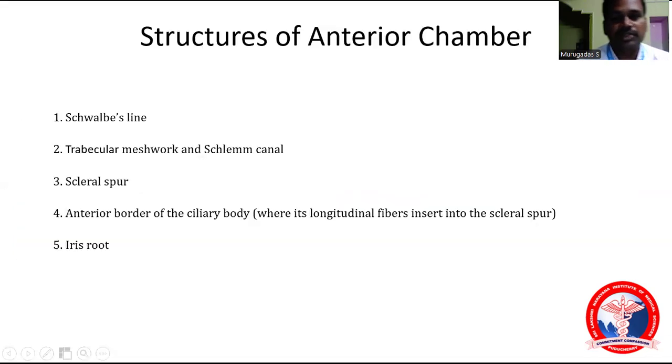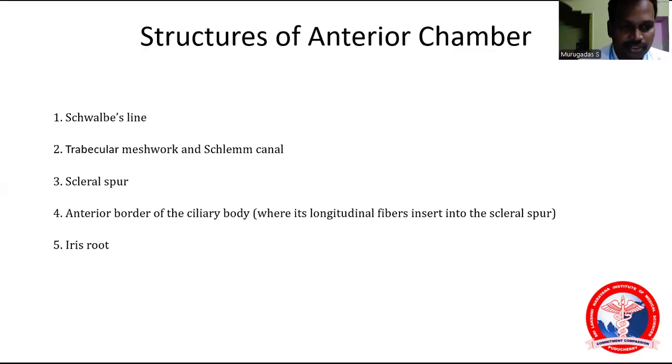Coming to the structures of the angle of anterior chamber, the structures present from anterior to posterior are: first, Schwalbe's line, which is the posterior most edge of the Descemet's membrane of cornea.